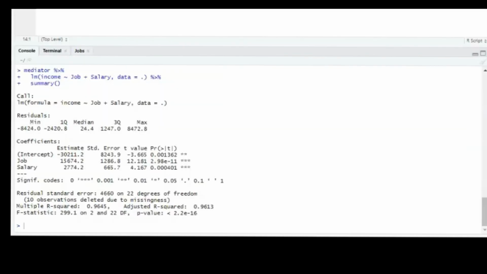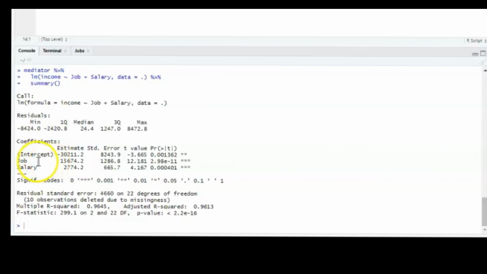But first we're going to have a look at the intercept, which is minus 30,211. And what exactly is this intercept? Well, the intercept is the level of the dependent variable if the independent variables are 0. So in this case, the intercept is the level of income if both job and salary are 0.